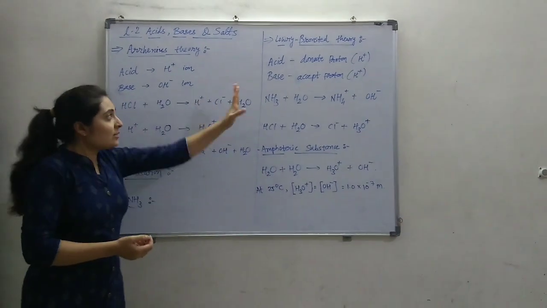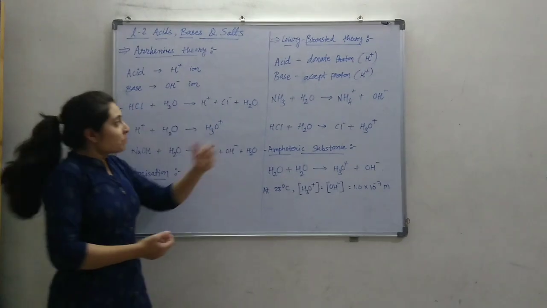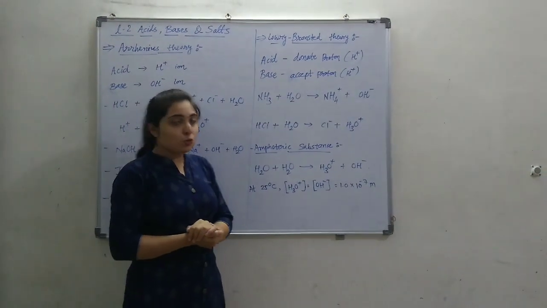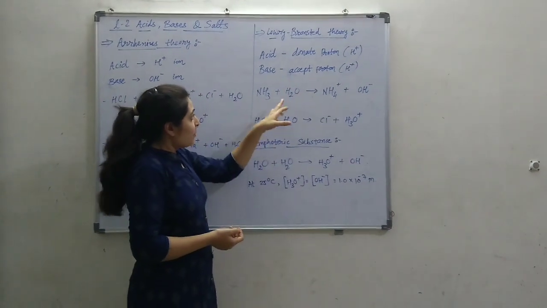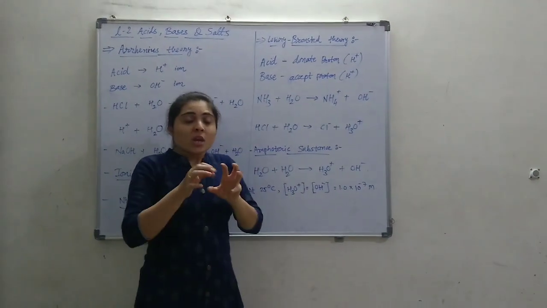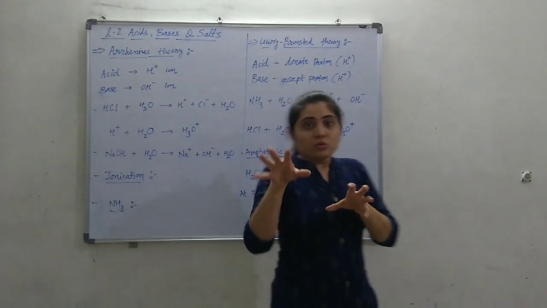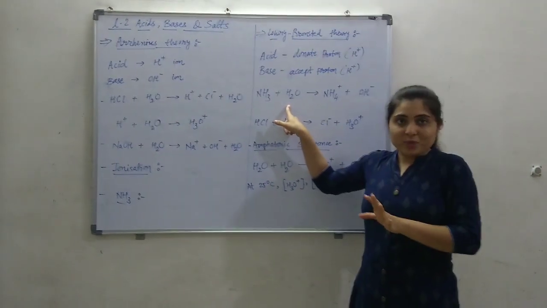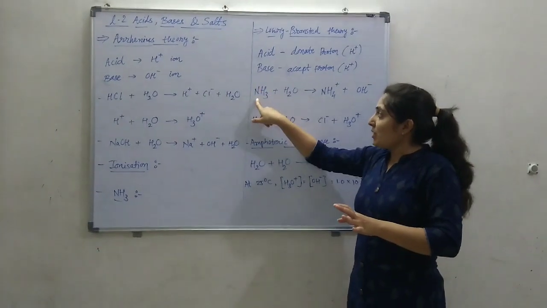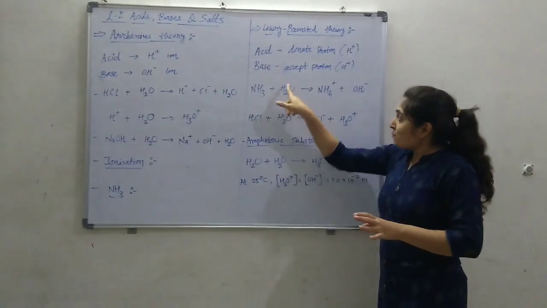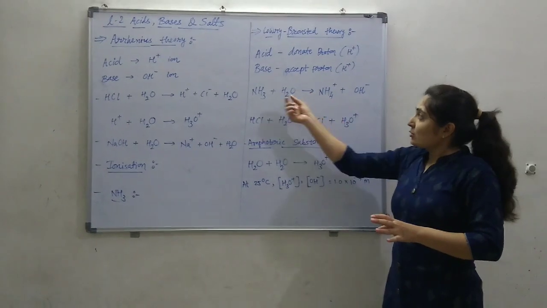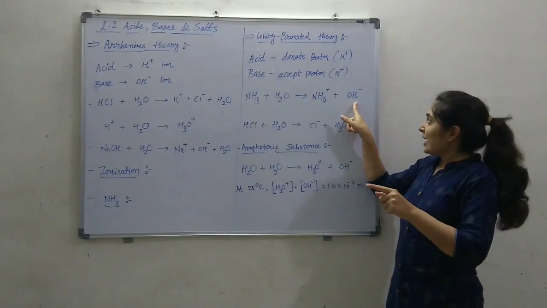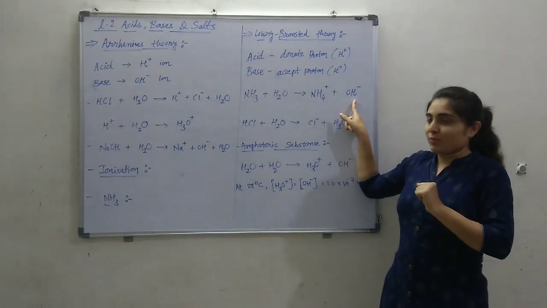So this solves the problem with ammonia. When NH3 is added in water, H2O, what happens? H2O is nothing but H plus and OH minus. So H plus will be added to ammonia, making NH4 plus, and in the water remains OH minus.